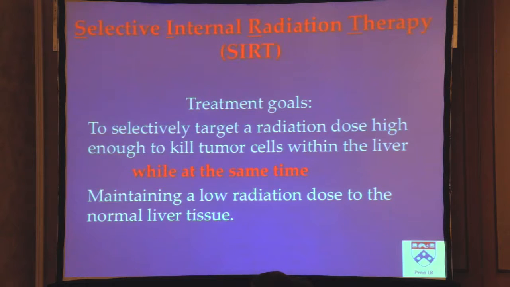So unlike some other types of radiation therapy, for example, iodine therapy for thyroid cancer, you don't have to stay away from family members or sleep in a different room. Once you get this therapy, you can really be interacting with everyone. But this therapy is a way to selectively target tumor cells with a very high radiation dose, but at the same time protecting the normal liver tissue.